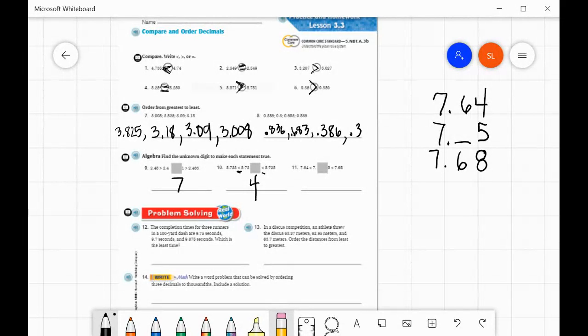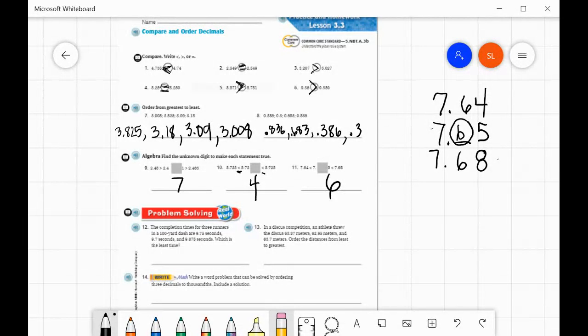So only one digit can go in this spot right here. And it has to be a 6, because anything less than that would make this no longer the middle number, and anything greater than a 6 would make it no longer the middle number. So our answer here would be a 6. This makes this the smallest to the largest. All right, there we go, 6.